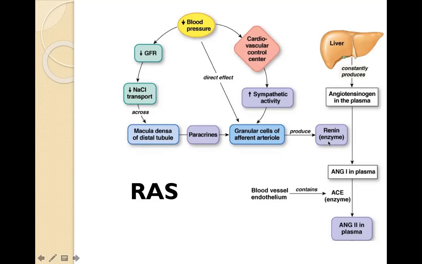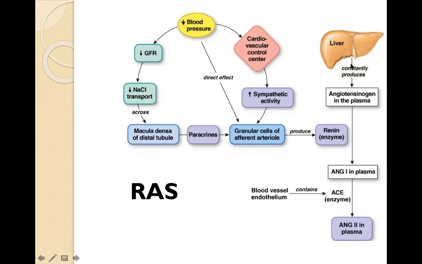And as it goes through the bloodstream, renin acts as an enzyme that will activate another protein in the blood. There's this other protein called angiotensinogen that is secreted in the plasma. This angiotensinogen comes from the liver. And as you can see, the ending -ogen means that it is inactive.